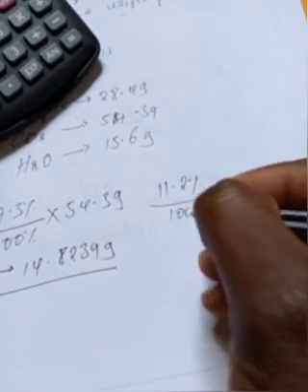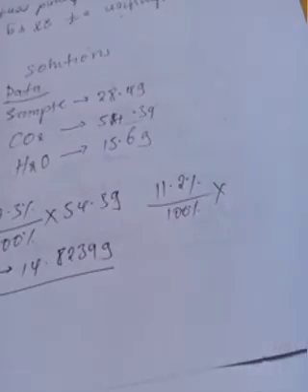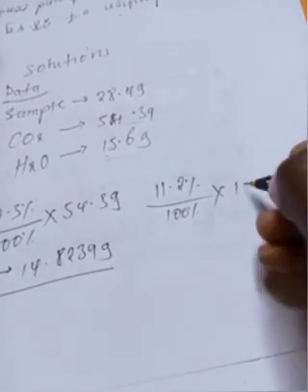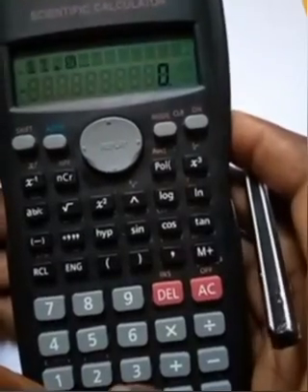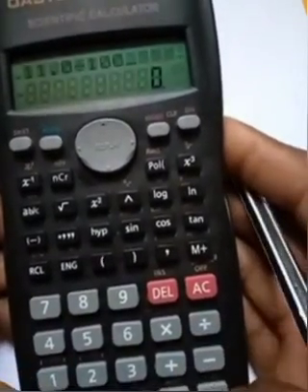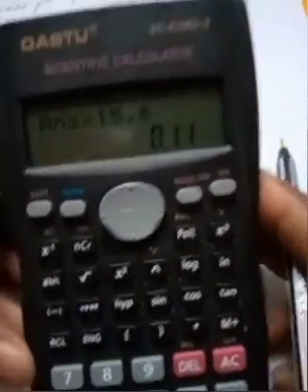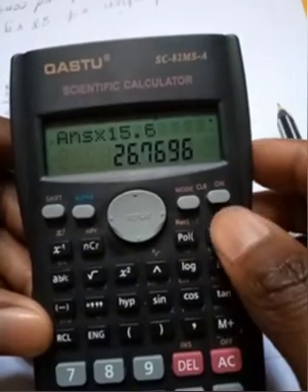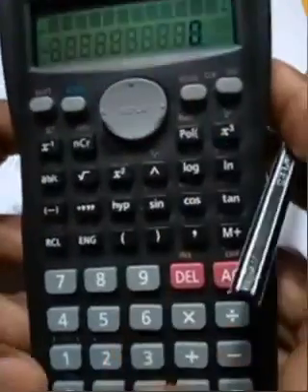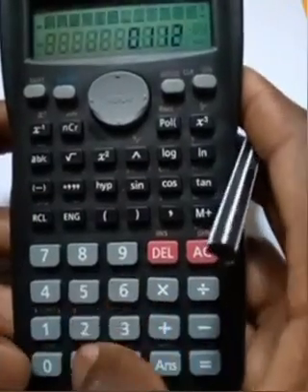You come to hydrogen, we are having 11.2% over 100%. You multiply this by the mass of water to get the mass of hydrogen, which is 15.6. So 11.2 divided by 100, multiplied by 15.6.